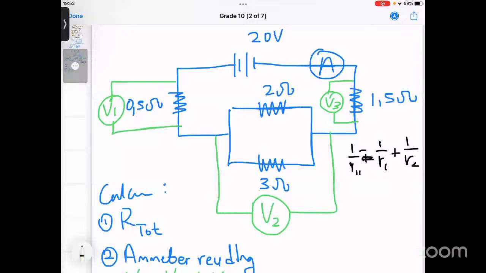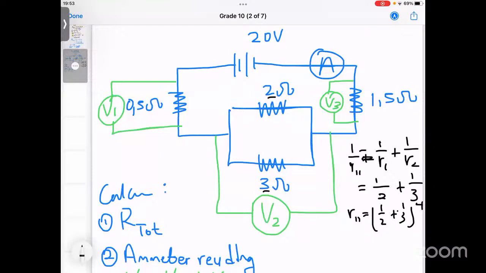So 1 over 2, 1 over 3, then you find R parallel by doing that.